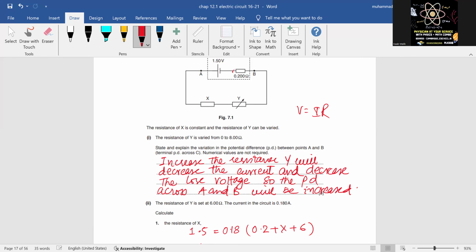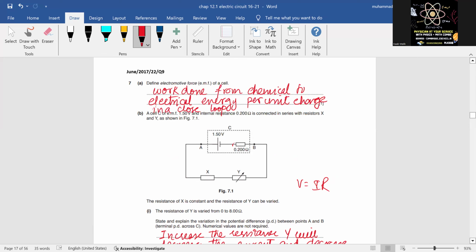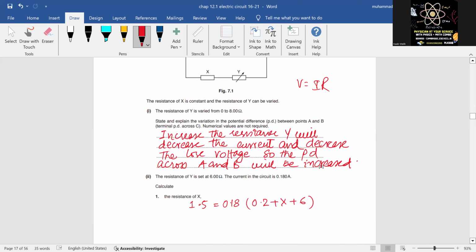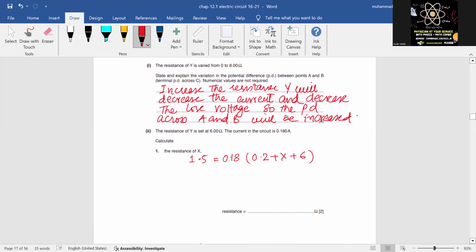Sir, how are you finding total resistance? I'm just adding all of them because everything is in series. You cannot say that this one is on top of the Y, so it's parallel. Are you thinking that way? No, no. Okay, fine.